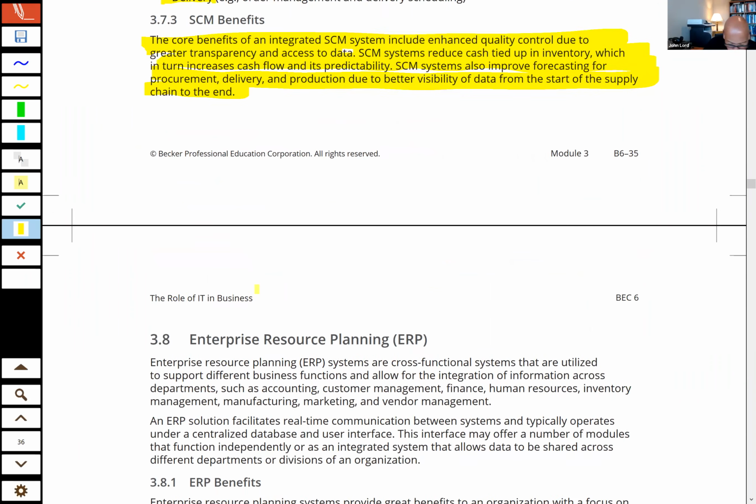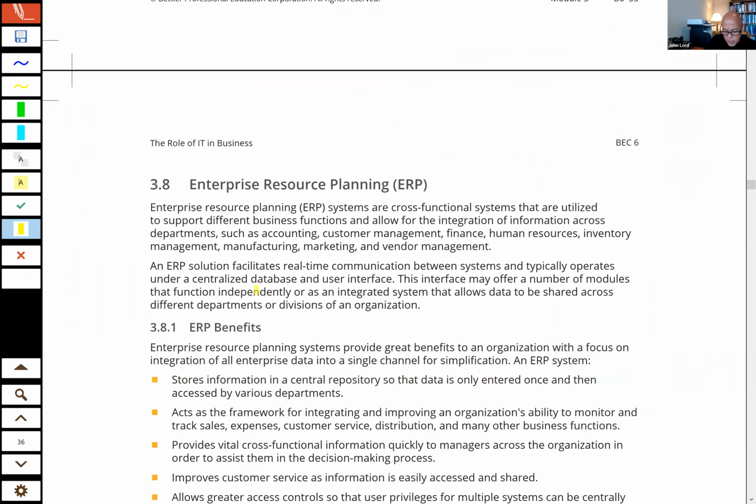Okay, now you come over and we talk about enterprise resource planning. Enterprise resource planning is sort of a holistic approach here.